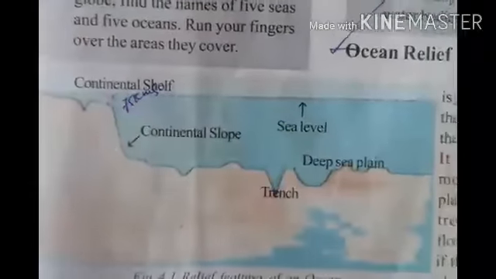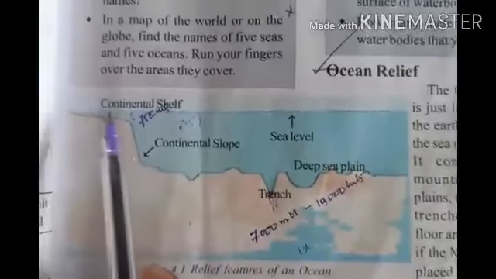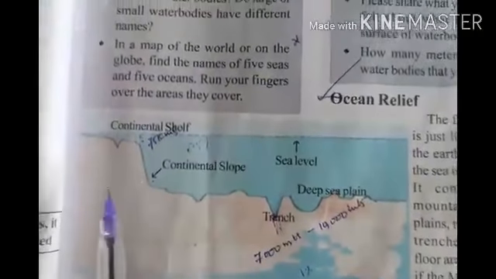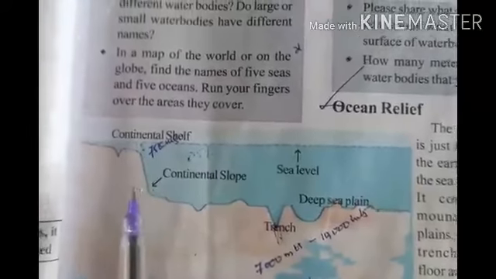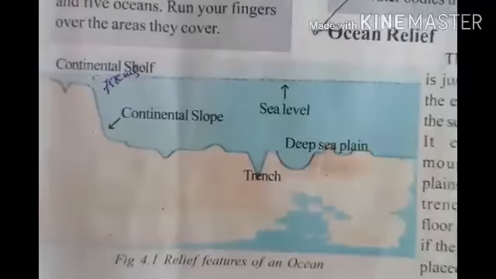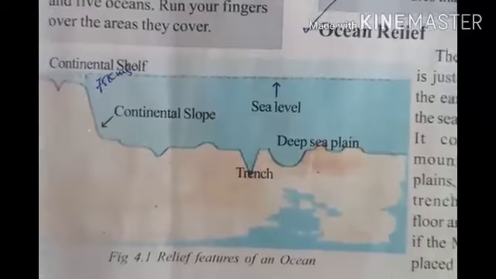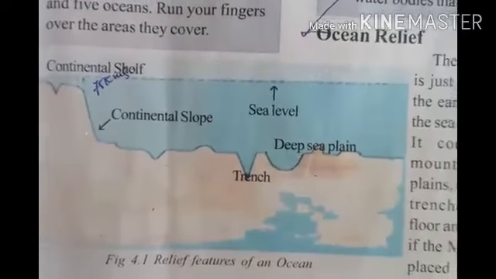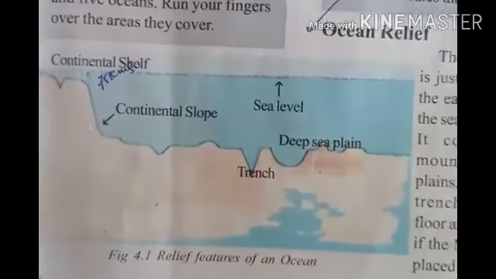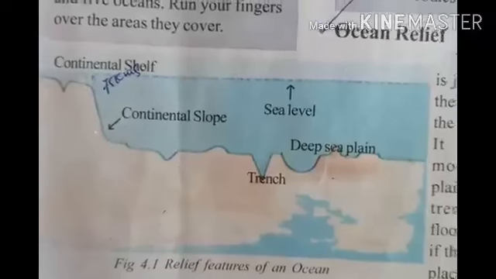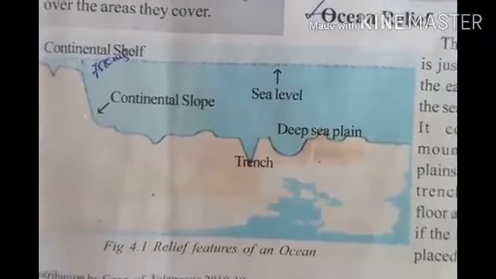This continental shelf is a playground for fishing. And in this zone, there are plenty of minerals like petroleum and natural gas.